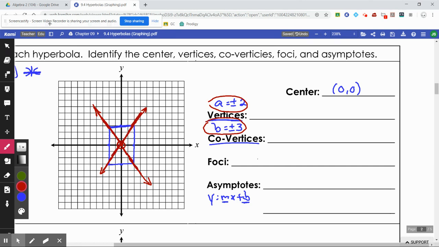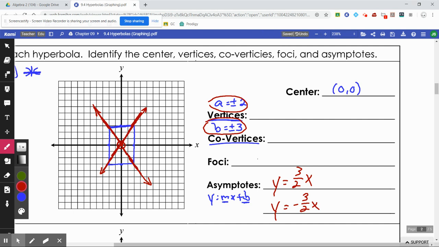Our rise is 3; take any point on that line, we're going to rise 3 and run 2, which are actually these b and a values. So our first line is going to have a slope of 3/2. So you have y equals 3/2 x. Since the y-intercept is 0, you can put plus 0, but you don't have to. Your second line is going to be the exact same rise and run, except it slants downhill. So your second line is going to be y equals negative 3/2 x. And there's your two asymptote lines.